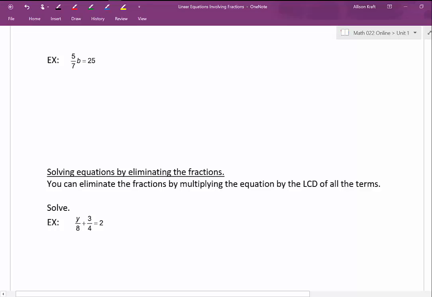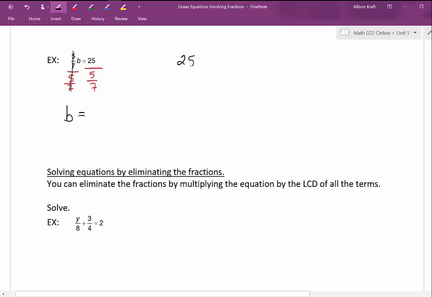To eliminate that multiplication by 5/7, we're going to perform the opposite operation and we're going to divide by 5/7 on both sides. On the left, the 5/7 cancel out, leaving me with just b, but now on the right, we're going to have to perform some division. I'm going to do that over on the side.